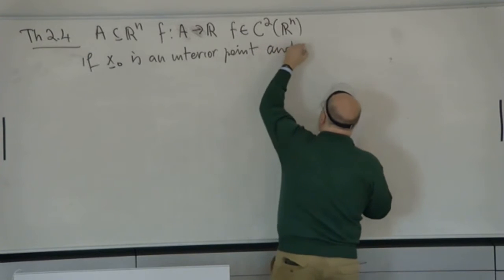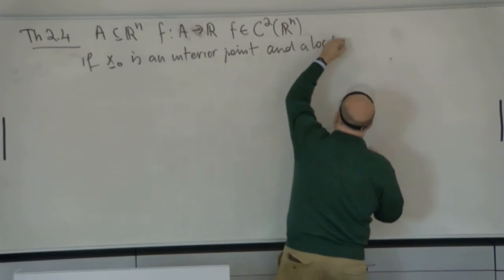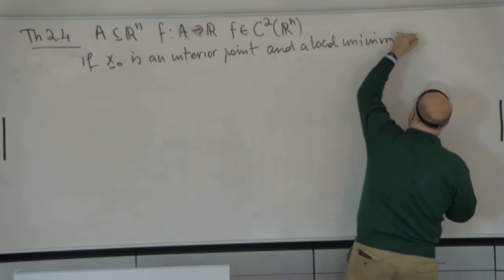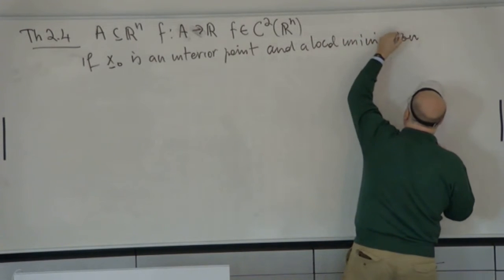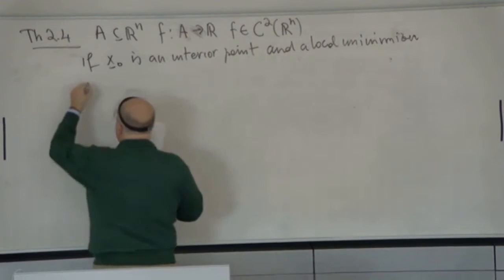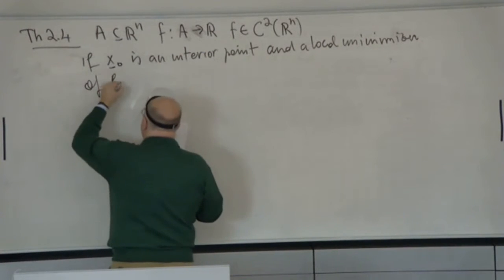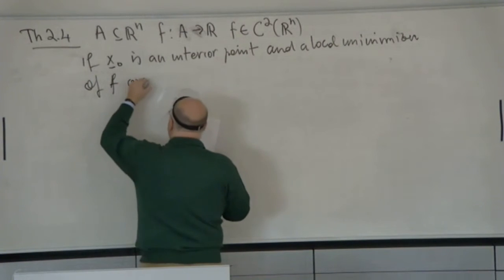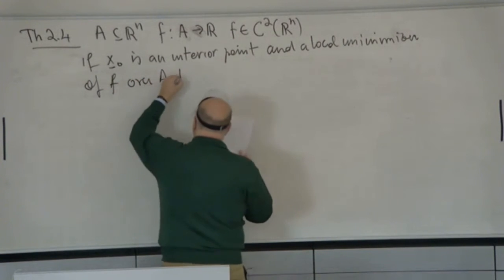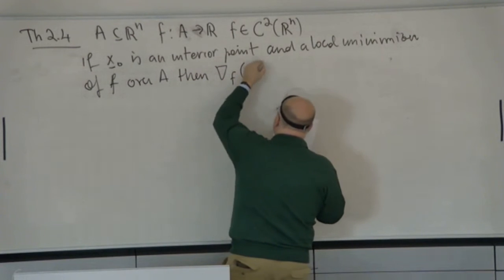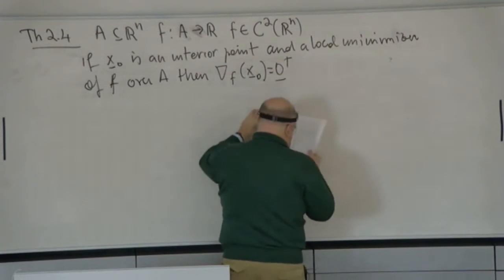and a local minimizer of f in A, then the gradient of f at x0 is 0, and this is something we already know.